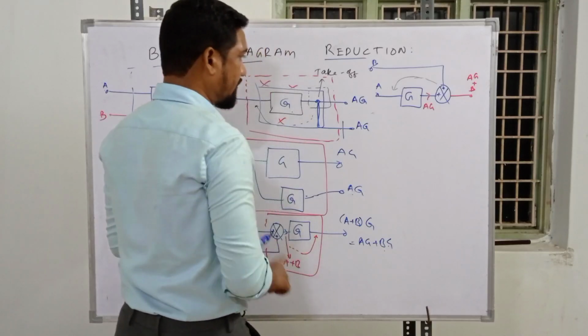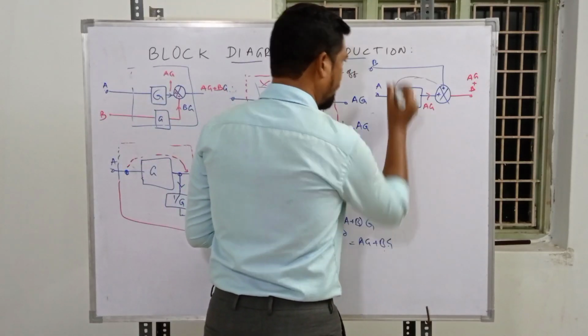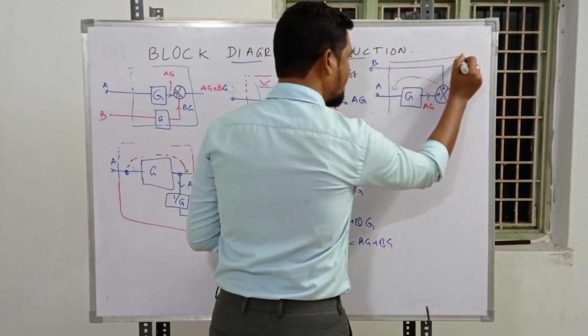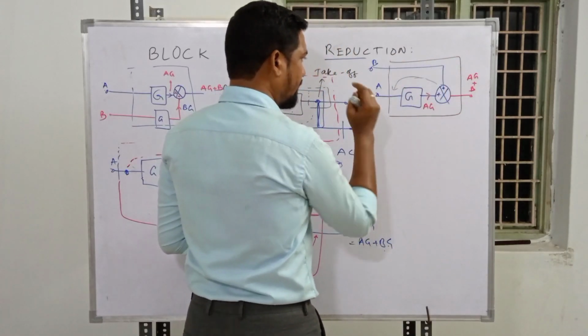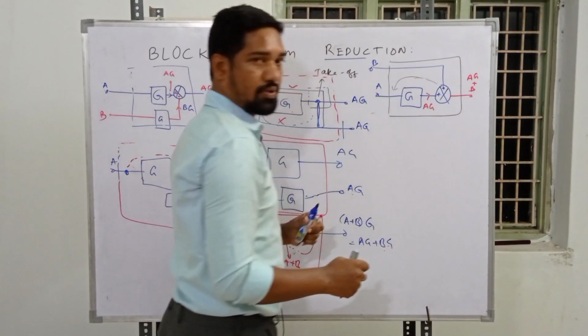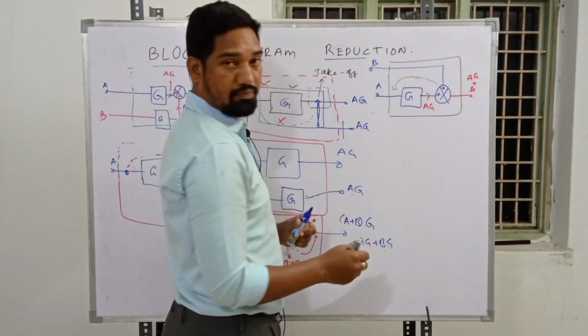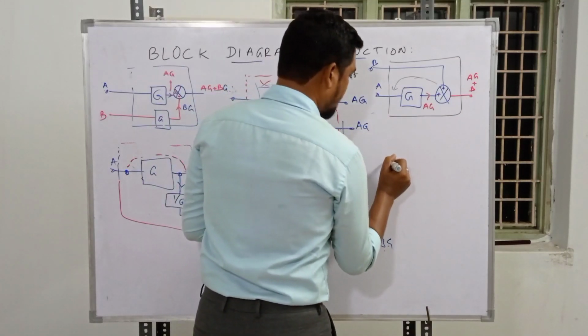During that process we can do any modification inside this square, but we shouldn't disturb the input, and we shouldn't disturb the output. Output should be AG plus B. Conditions apply.